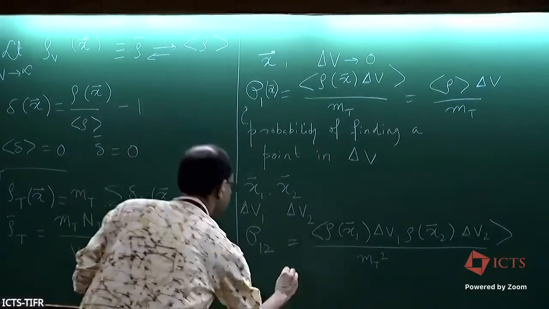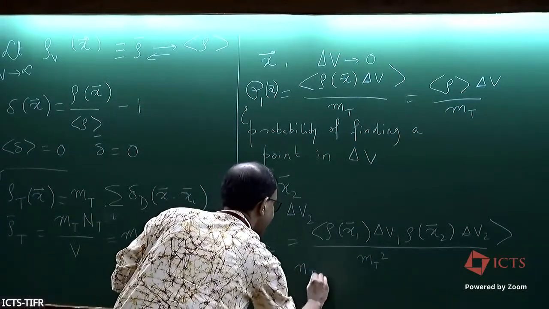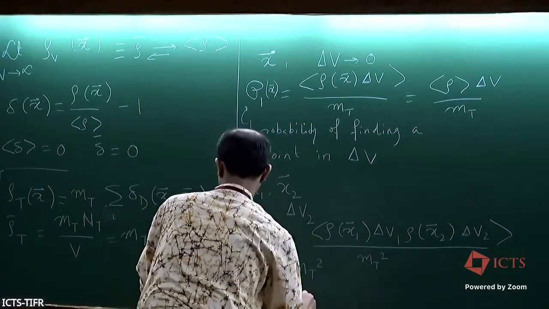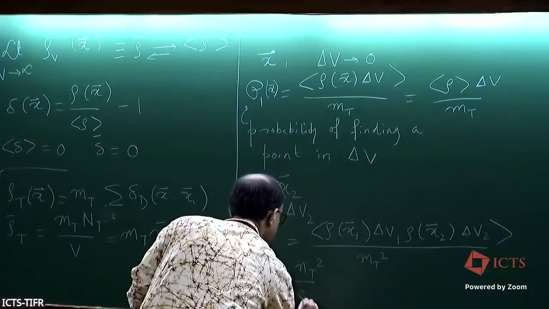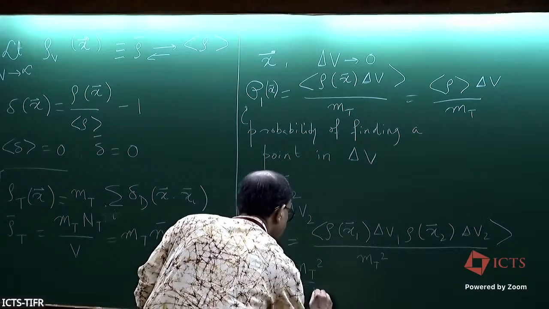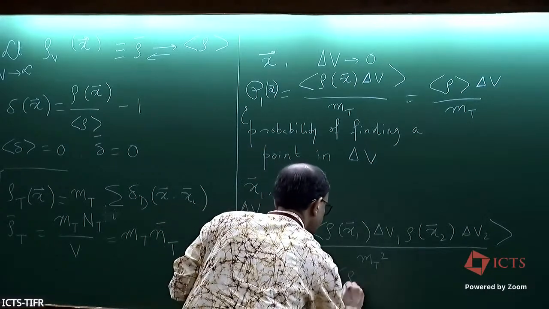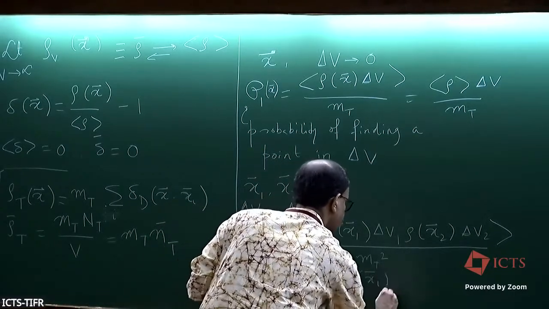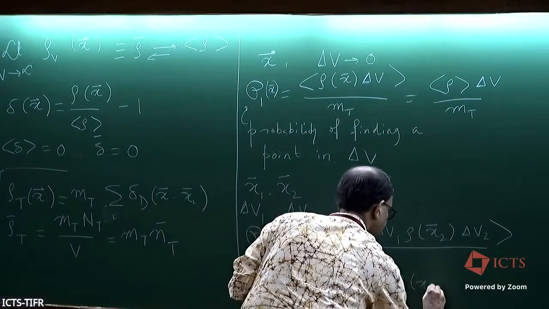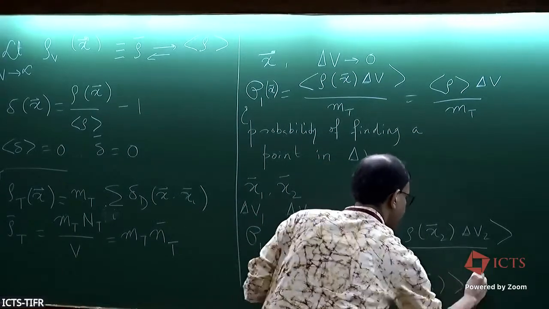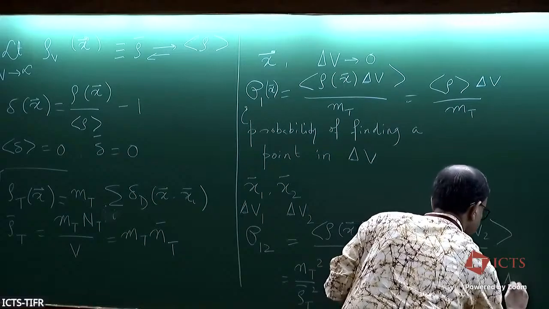Let me just do one more step. Let's write this as n_t square by rho bar_t square, rho at x1, rho at x2, average, delta V1, delta V2.